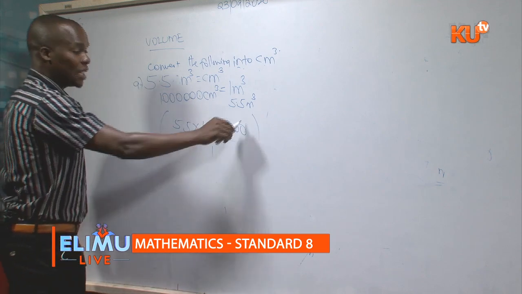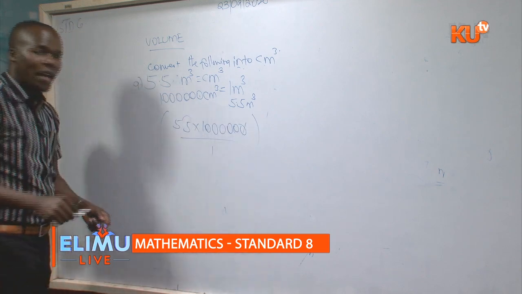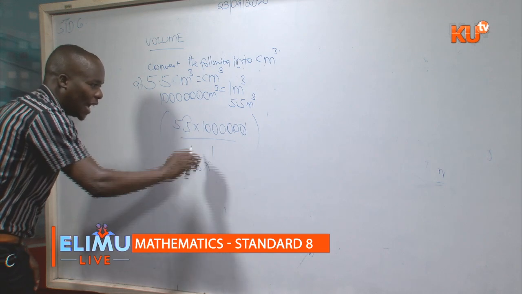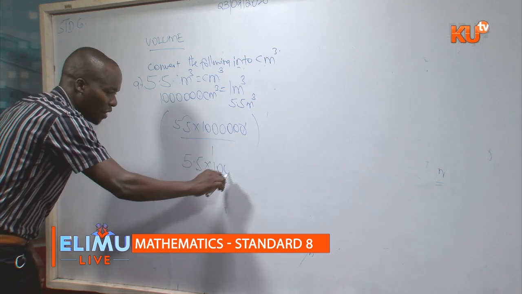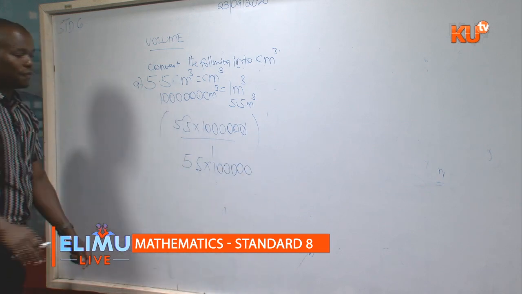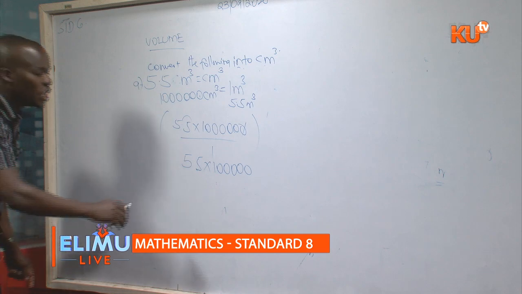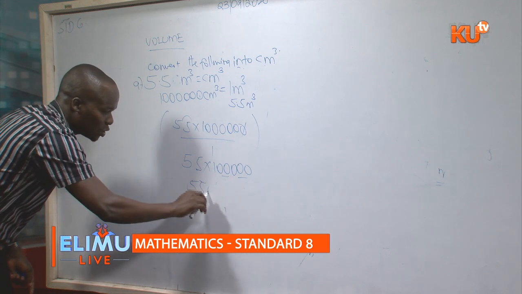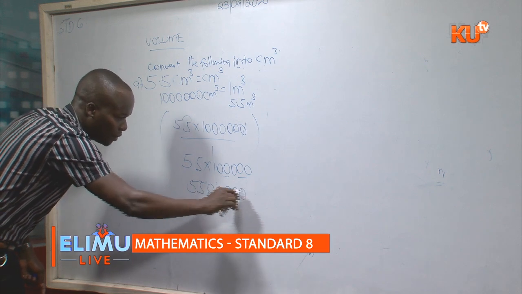Here, 1 zero will cancel the 1 decimal place. So we'll remain with 55 times 100,000. So it will be 55, and then we add those zeros, 1, 2, 3, 4, 5.